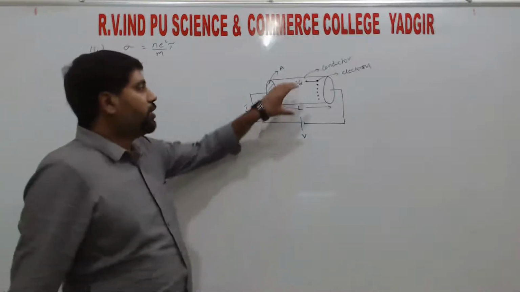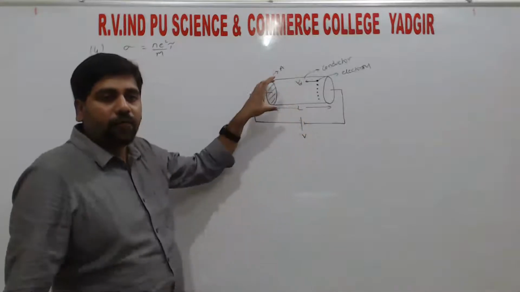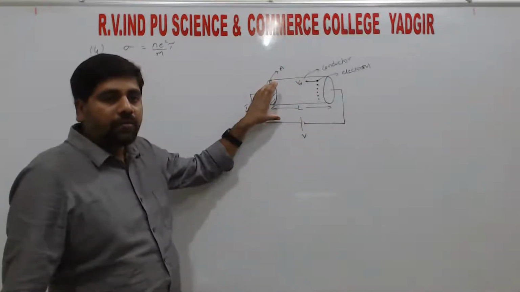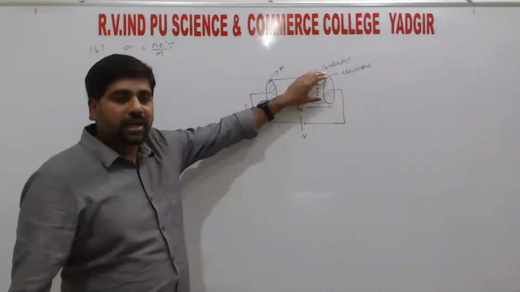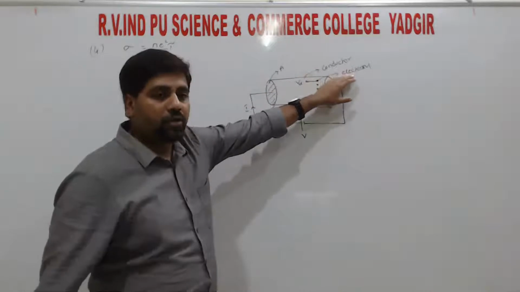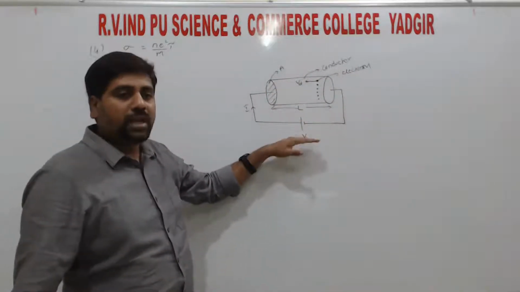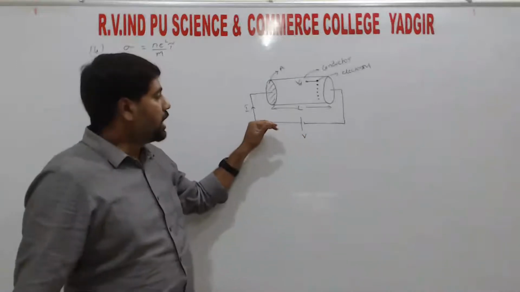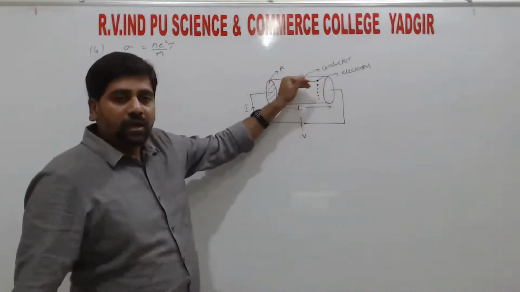So first we consider one conductor which has the length L and area of cross section A, right? This conductor consists of the electrons as the charge carriers. Now connect this conductor to the external source which has the potential V. Then current starts to flow in the conductor and the electrons get drifted.